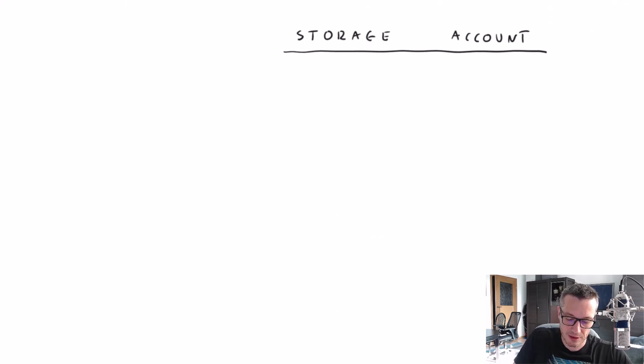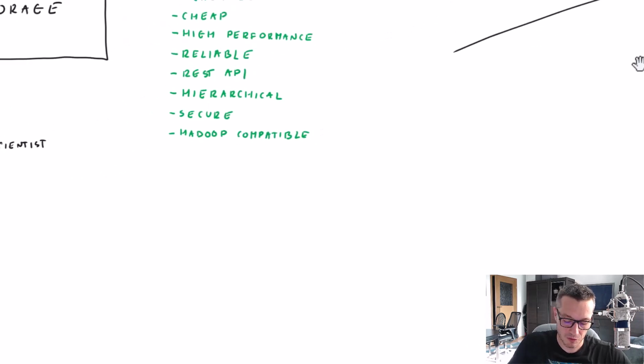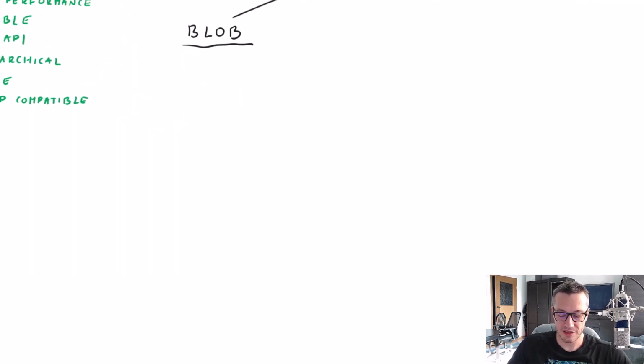All right, so let's start with Blob service. Now, Blob service is pretty simple. Basically, it is used to store files, and Blob stands for binary large object, which simply means a file.